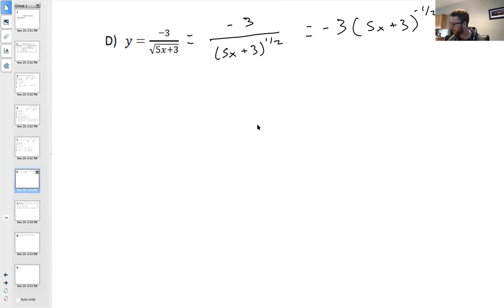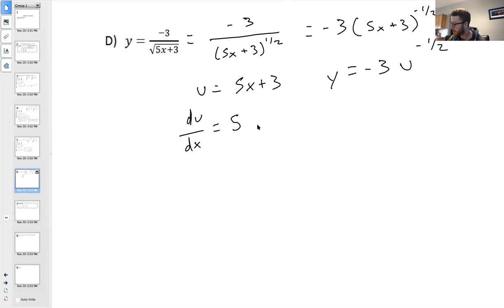Okay, so whatever is in that brackets again will become our u. So u is equal to 5x plus 3. And therefore, our y is going to equal negative 3u to the negative 1 over 2. So like we've been doing, we'll take the derivative of u with respect to x.